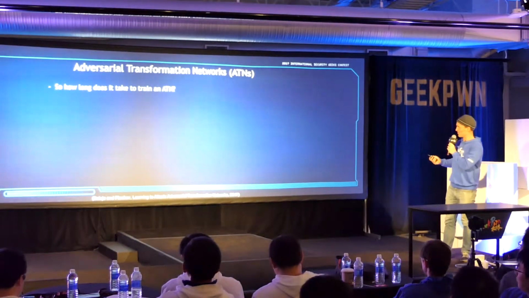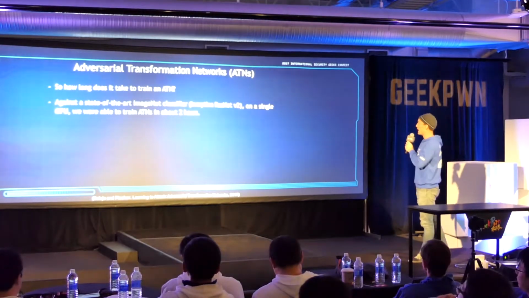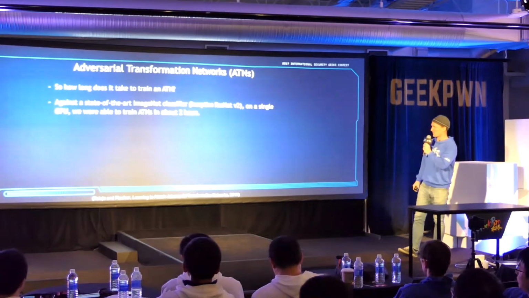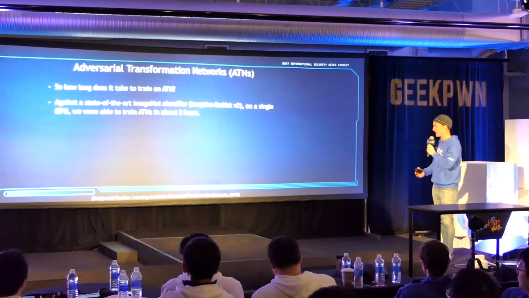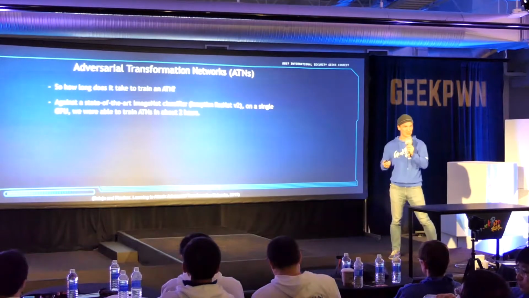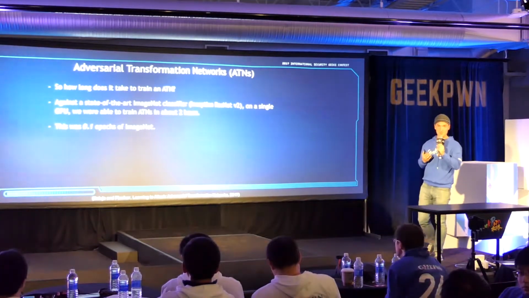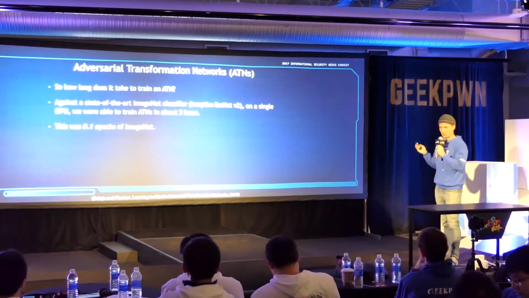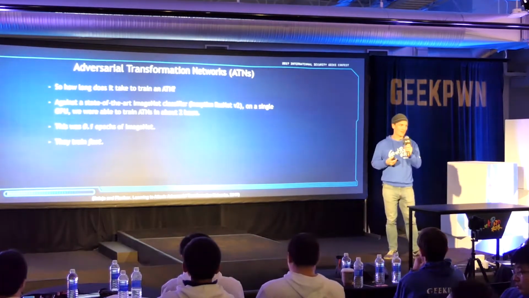So how long does it take to actually train these adversarial transformation networks? Against the state-of-the-art ImageNet classifier, the Inception ResNet v2, on a single GPU, we were able to train ATNs in about 2 hours. It was actually just 1/10 of an epoch through ImageNet, and we were able to train to this performance that I've been showing you. So they train very fast.